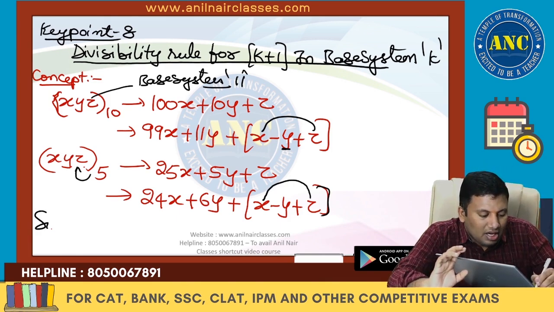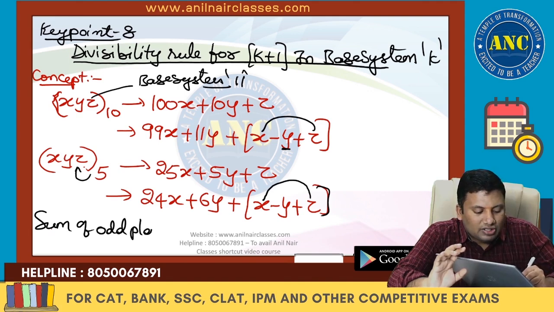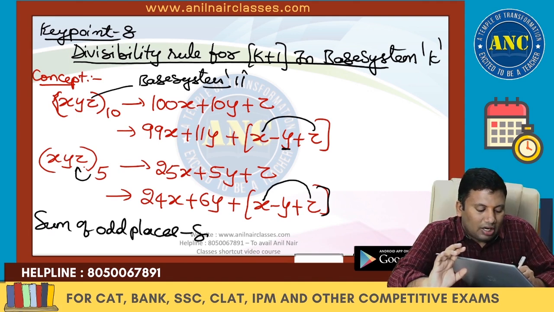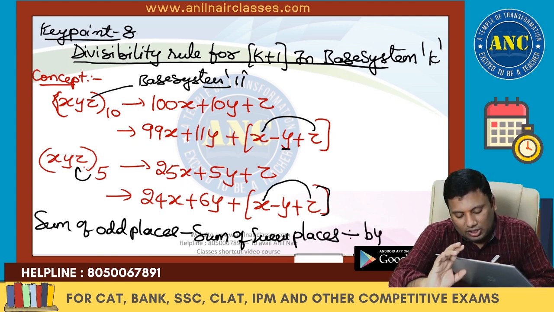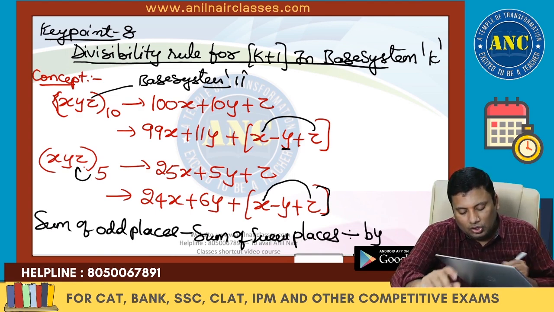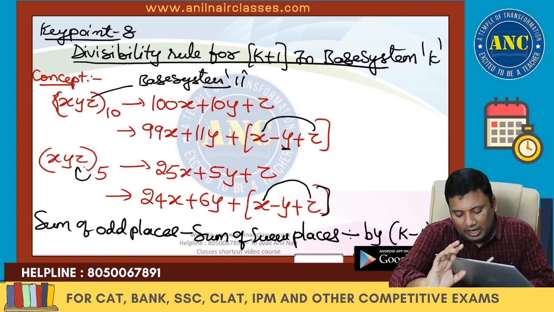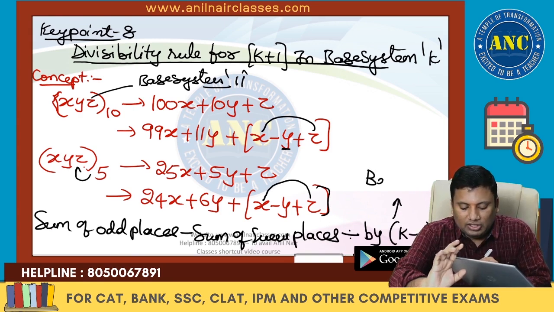That difference should be divisible by k plus 1 for a base system k.